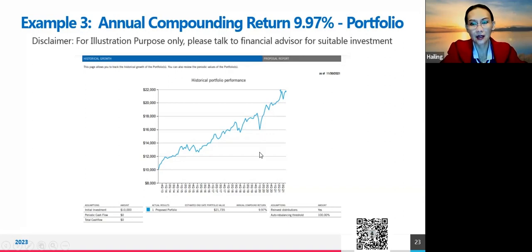Especially we see in March, the first quarter of 2020, when COVID started to hit, the market really dropped very significantly. However, after that, the market picked up again. So by the end of 2021, this is how your money can double. This is also a reflection of the magic of compound interest.